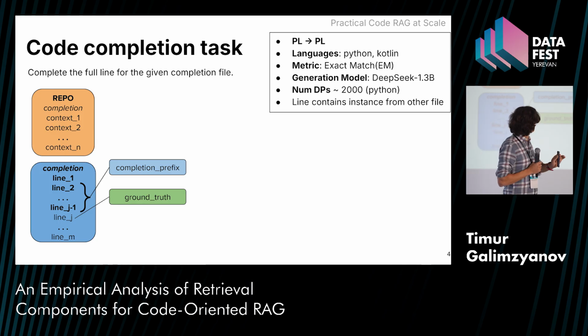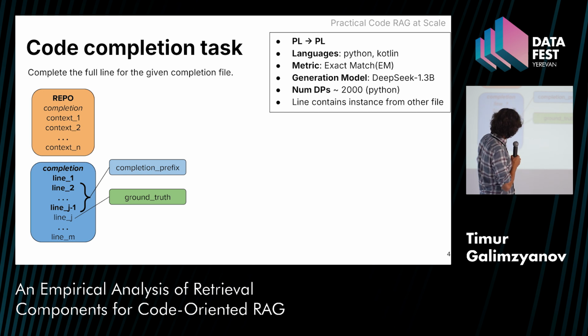Let me speak a little bit about how the tasks are formulated. In the code completion task, you have lines in your files, among which there is a target line, which is the ground truth, and the task of the model is to generate this target line conditioned on some completion prefix. The completion prefix could be the whole file or part of the file just before the completion, before the ground truth.